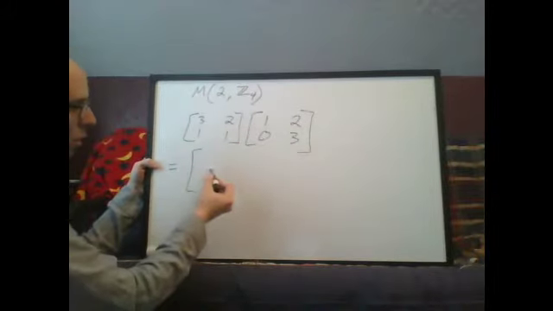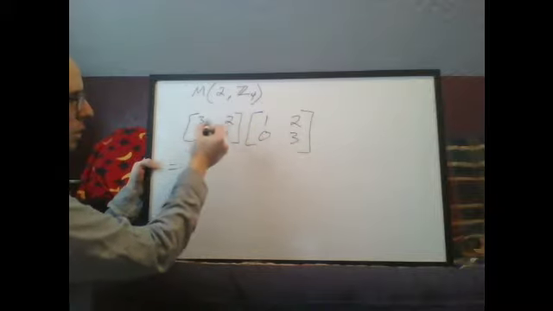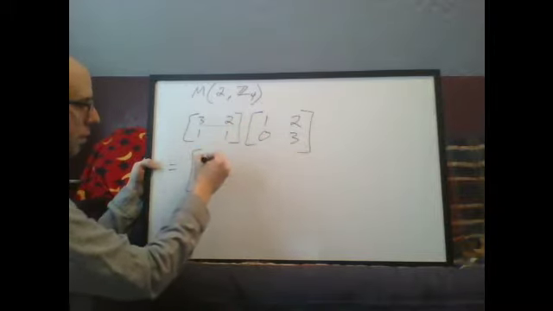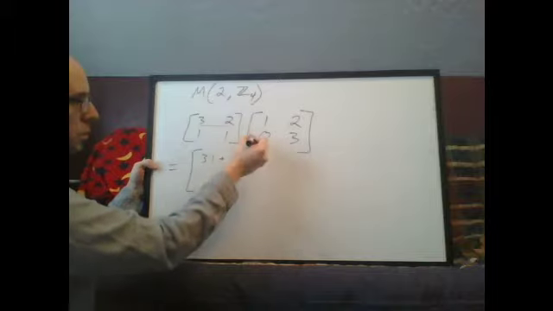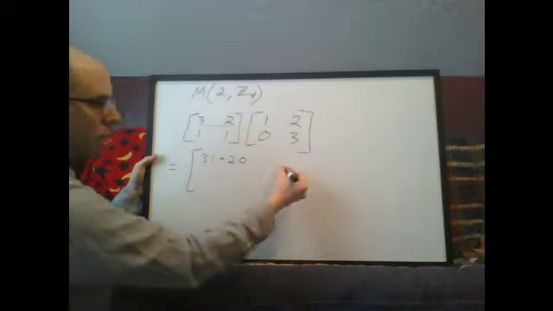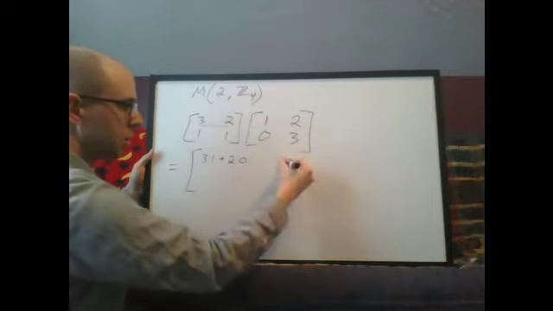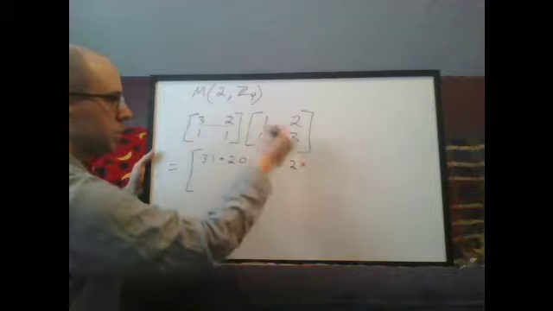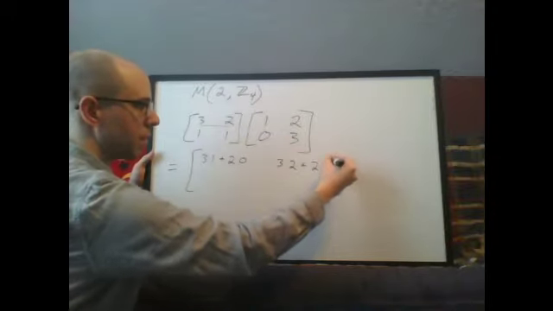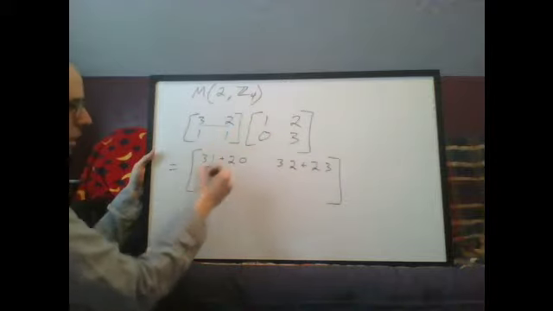So if I want to know what goes here, I take this row times this column. So 3 times 1 plus 2 times 0. If I want to know what goes over here, I do this row times this column. 3 times 2 plus 2 times 3. For down here, I do 1 times 1 plus 1 times 0.